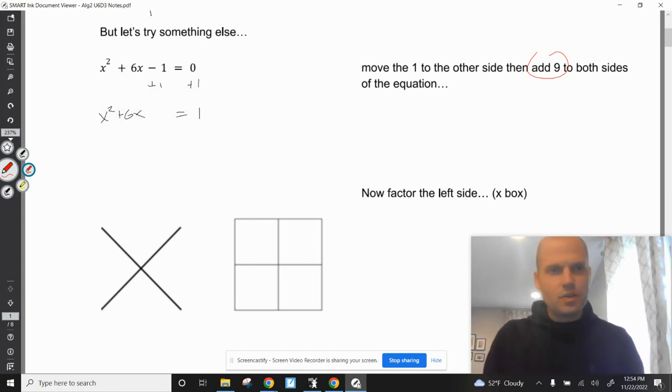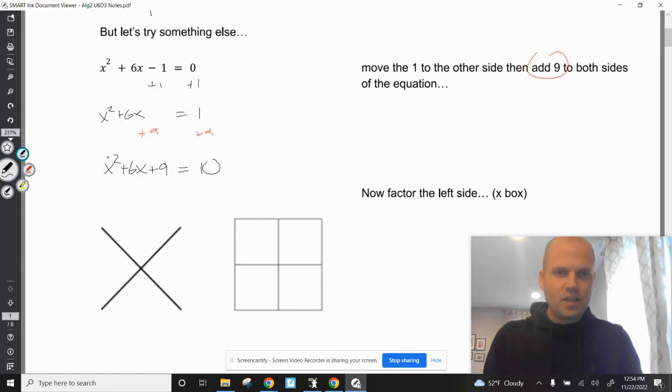Now, the reason why I do this is because when I add 9 to both sides, I get x squared plus 6x plus 9.